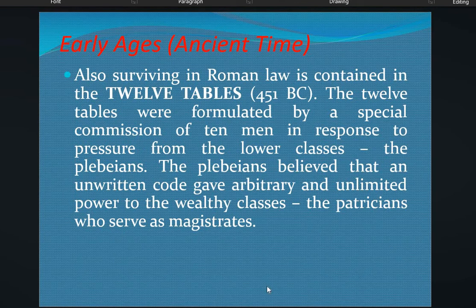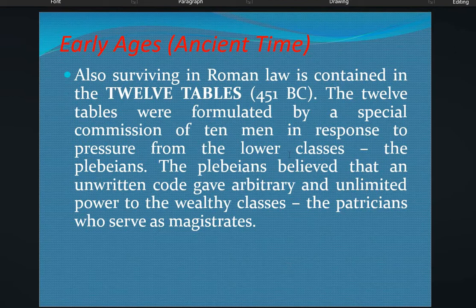Okay, so still, we also have the 12 Tables. The tables were formulated by a special commission of 10 men in response to pressure from the lower class. The plebeians believed that an unwritten code gave arbitrary and unlimited power to the wealthy classes, the patricians who served as magistrates.